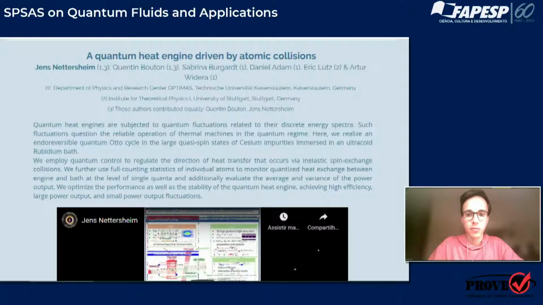Yeah, go ahead, please. So, as I said, I'm Julian, and in our experiment, we can immerse up to 10 cesium atoms into an ultra-cold rubidium gas. And in the project I want to explain to you, we realized an Otto engine with these cesium atoms as the working medium and the rubidium cloud as the heat bath.